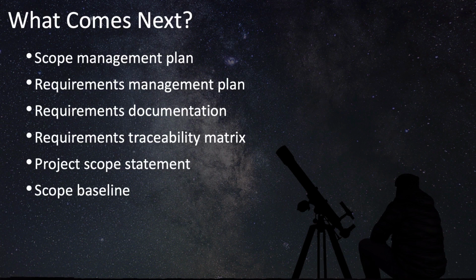Then comes the Requirements Documentation, followed by the Requirements Traceability Matrix. Now, toward the end, you can develop your detailed project scope statement, and finally, the Scope Baseline. This is the order in which these documents are created, and we'll cover each of these in some detail.